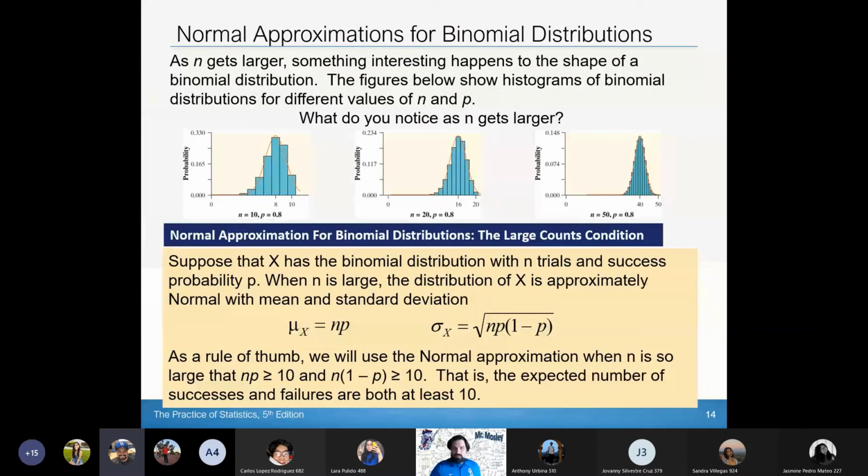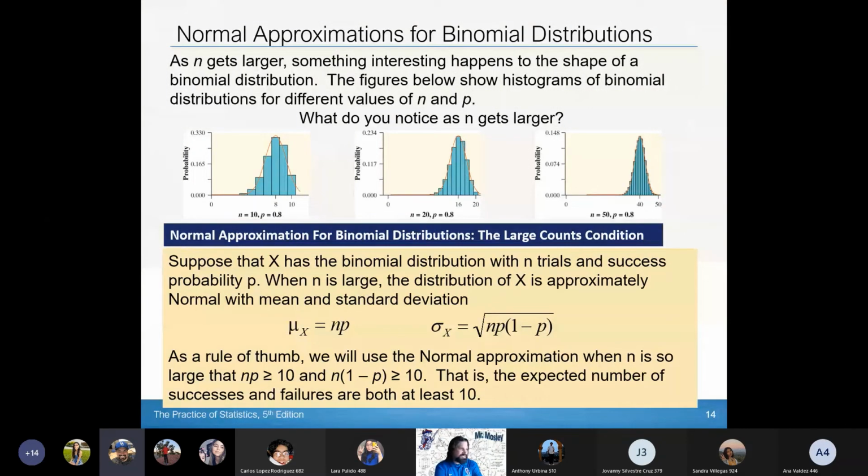We can use a normal approximation for binomial distributions if it passes the large counts condition. All right, so this is a binomial distribution that has passed the 10% condition, and we can now check the large counts condition to see if I can use a normal approximation to calculate probabilities.